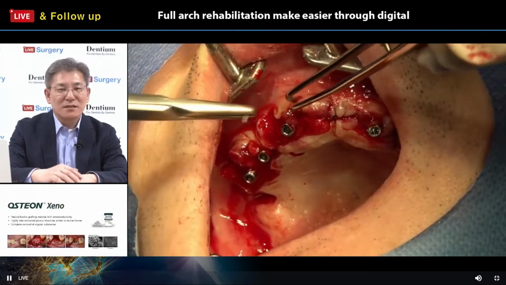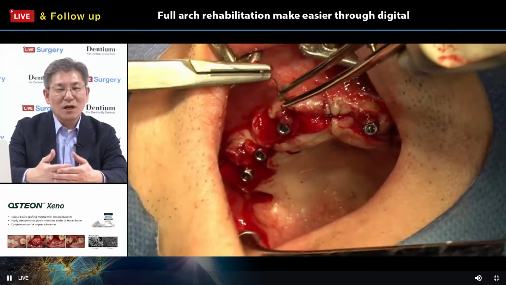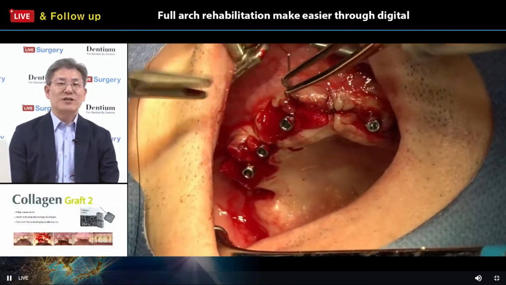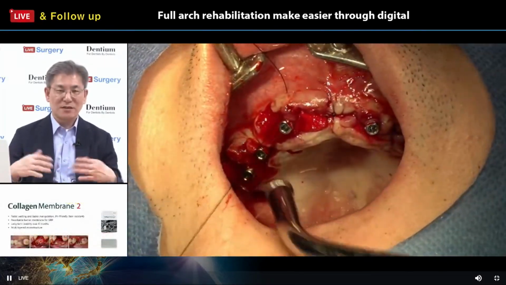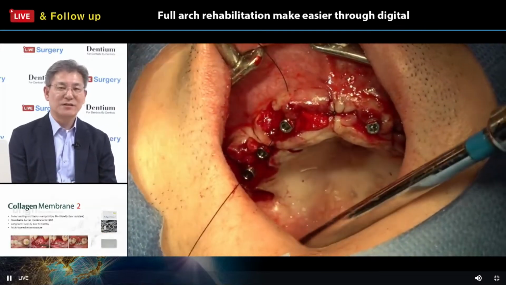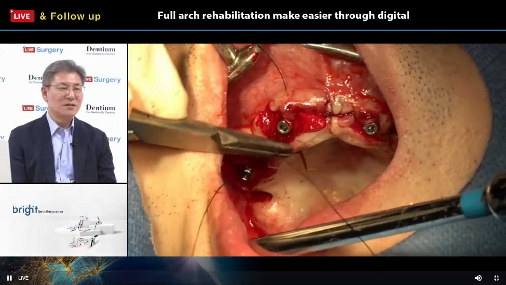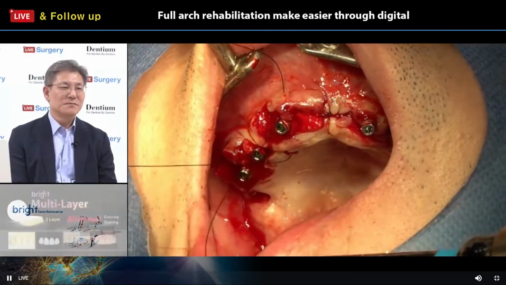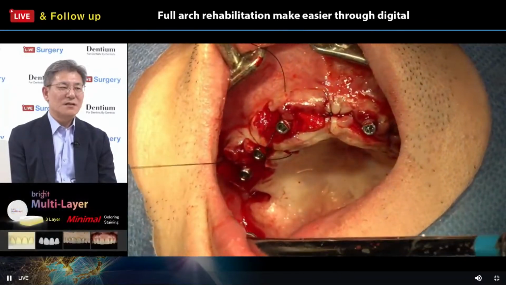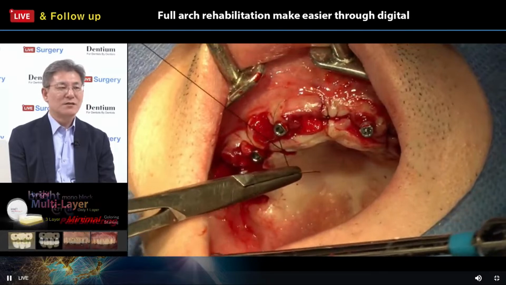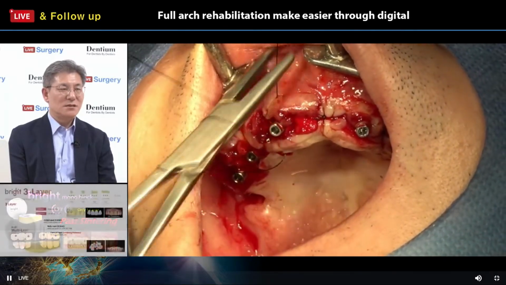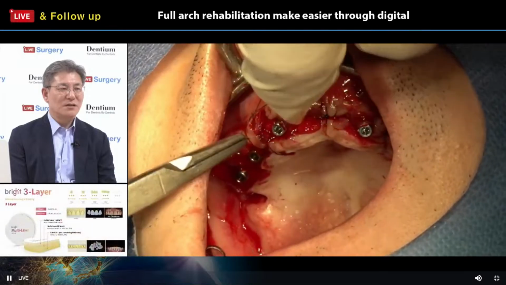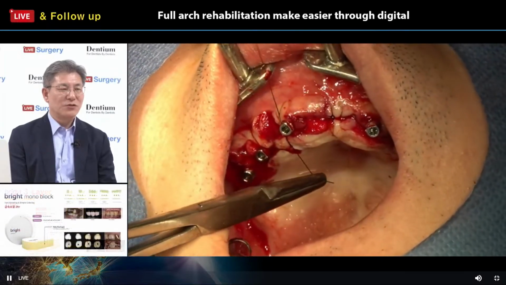Finally, this collagen graft is also composed of the collagen matrix. So there are three collagen layers of protection underneath the grafting material. I think it is enough protection for the underneath bone grafting material.